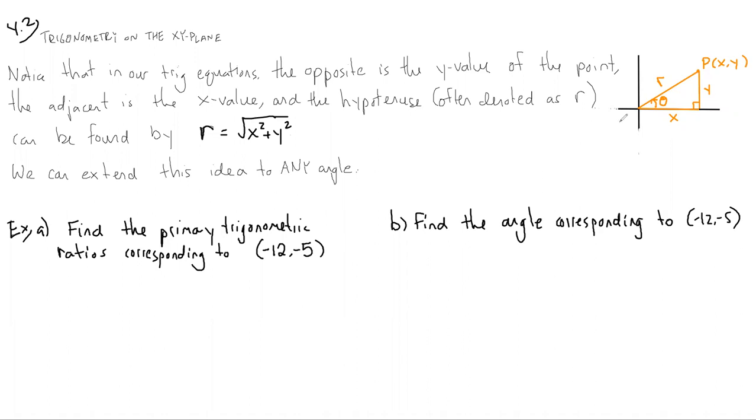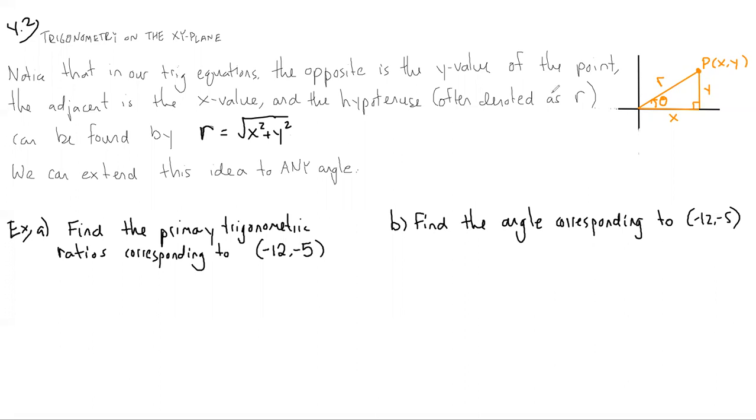And so if that is our theta, and we draw this triangle to go with theta, then for the triangle the opposite is the y value of that corresponding point, that far corner point of the triangle. And the adjacent is the x value of that point. And what we can also do is find the hypotenuse, which we'll typically denote using the letter r from here on out.